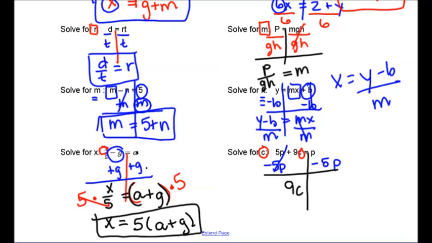So looking here, is p minus 5p, are those like terms? Yes, they are. They both have a p. This is 1p minus 5p. So I can go ahead and actually figure out what that number is. That gives us a negative 4p. Now, we still want to get the c all by itself. So we are going to divide both sides by 9, leaving us with our answer, negative 4p divided by 9.